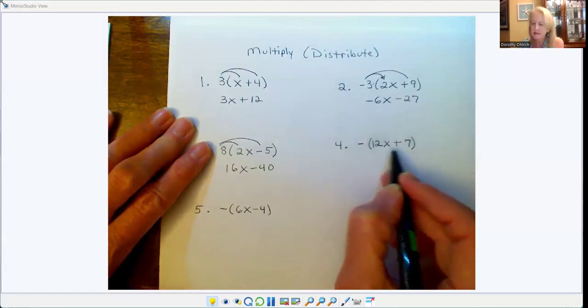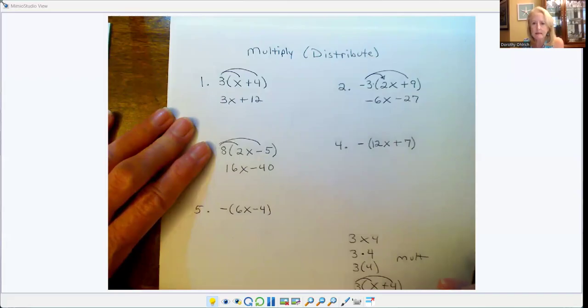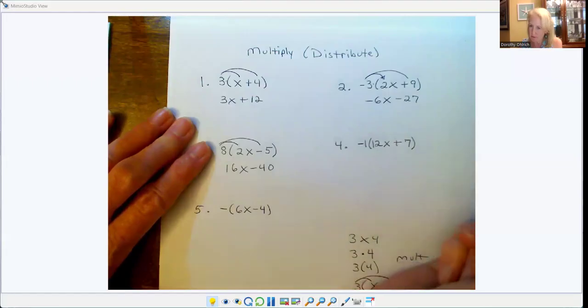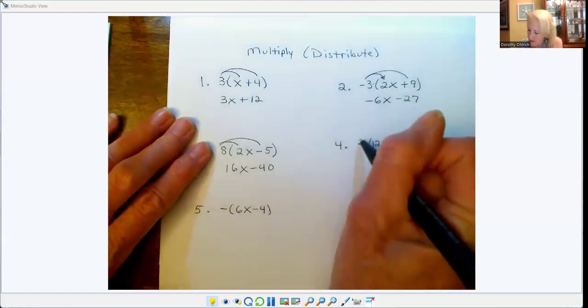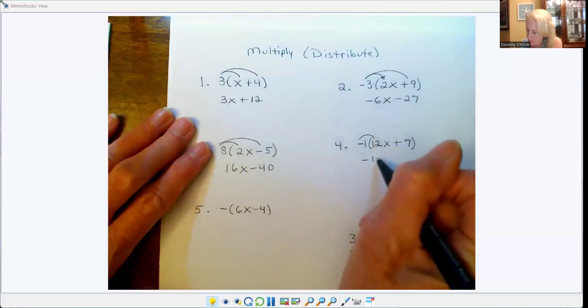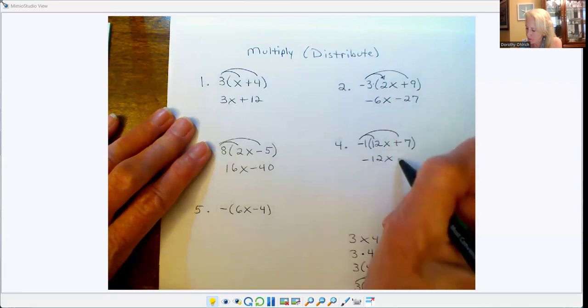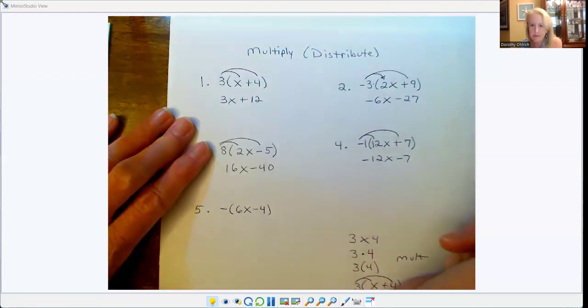That negative just basically changes the signs on the inside. It's like a -1 because for some reason they decided that you don't have to put a 1 there. But -1 times 12 is -12x. -1 times 7 would be -7.